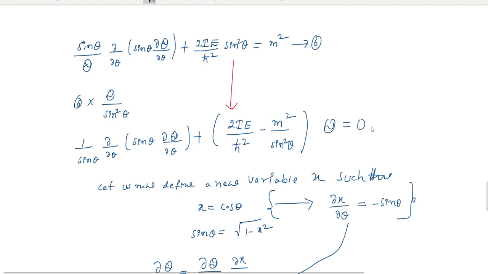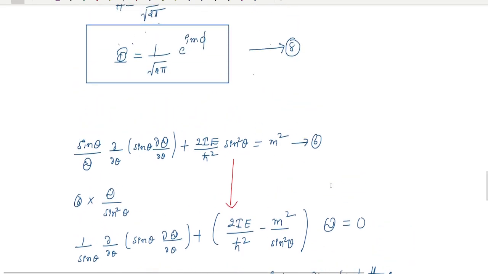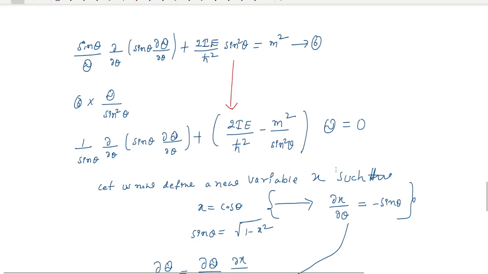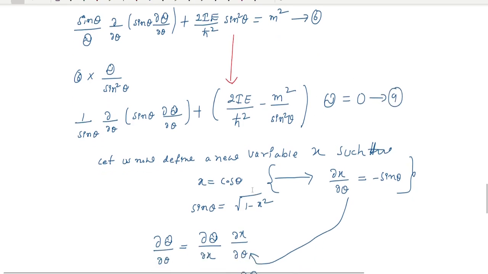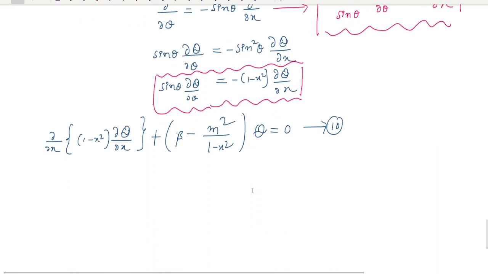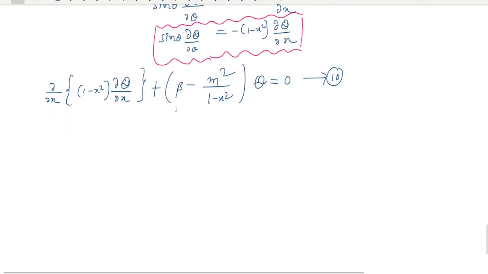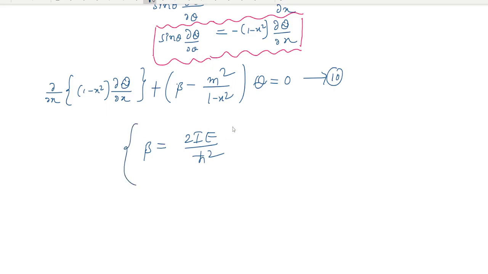So we need to use this equation number 9. Here beta I'm using in place of 2ie divided by h cross square. Remember this.